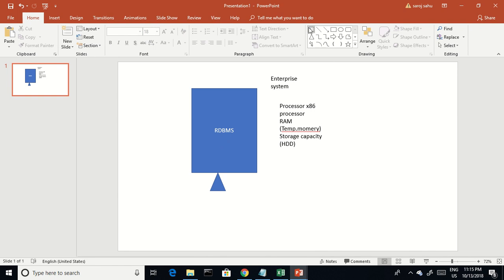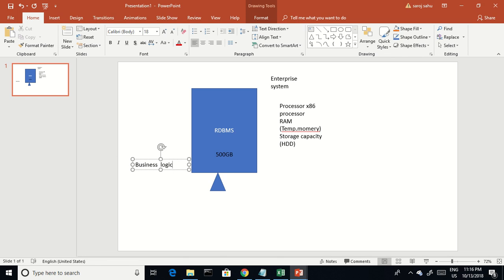If I have a huge amount of data like 500 GB and I want to process it using my business logic, it will take a long time. It may take 1 day or 2 days or 1 week, sometimes more than that. So it is inefficient and incapable of giving the end result in a timely manner.